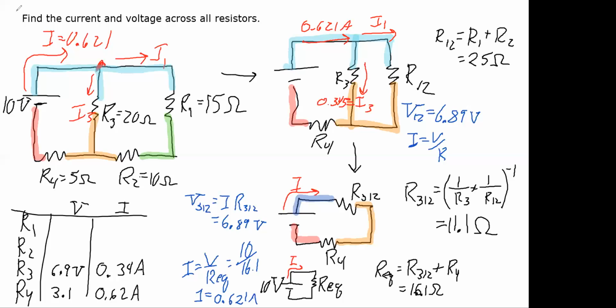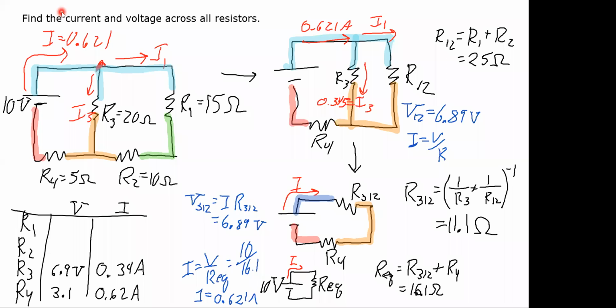So you could actually figure this current out in two ways. You could use the voltage across R12 divided by the resistance of R12, that's one way of finding current. Or you could see how the current splits up. 0.621 here, 0.345 of it goes this way, and whatever is left over goes down here. It doesn't really matter which one you choose. You should get the same answer at the end.